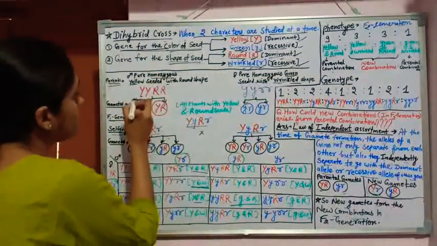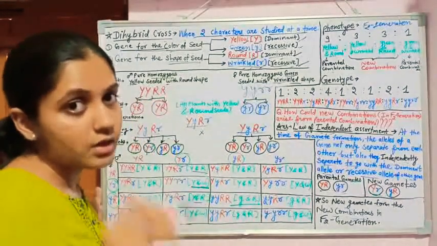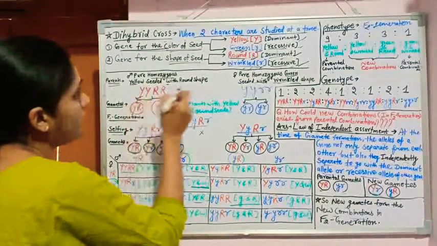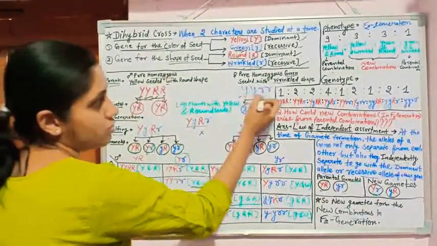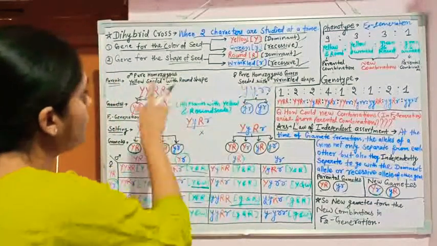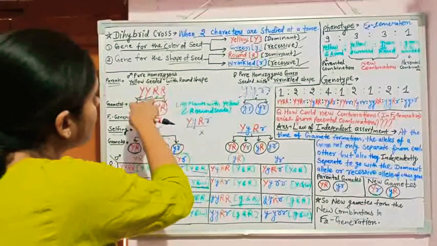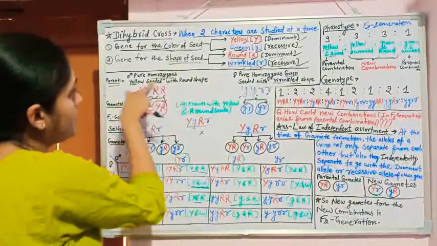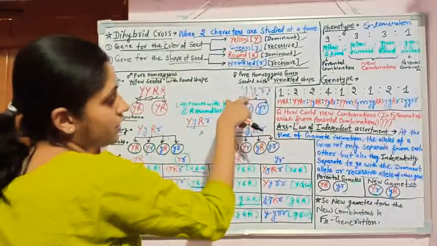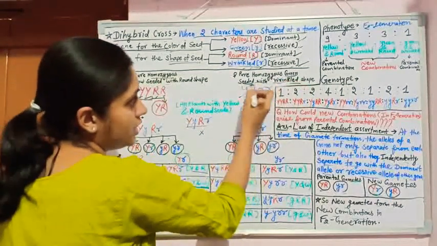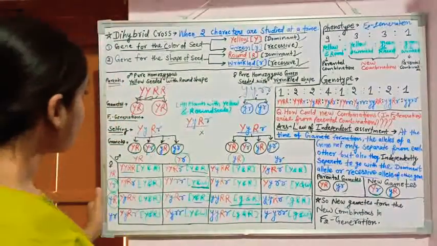Here capital Y, the yellow color seed allele, is dominant, and so is the other, and you can see the same in both. So they must be homozygous genotypically, and phenotypically one parent has yellow, round seeds and the other parent has green, wrinkled seeds.